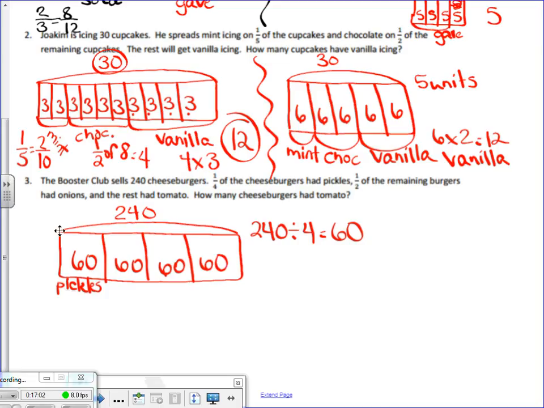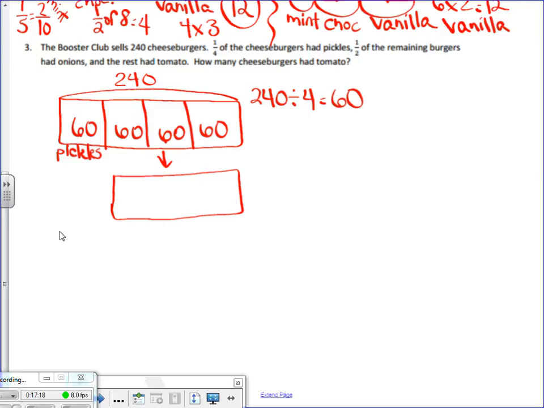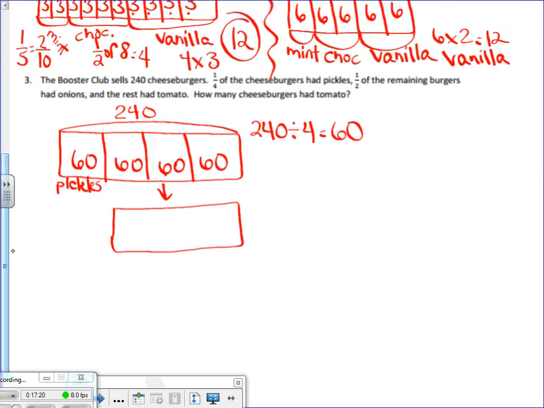Since this unit's already taken, now I'm going to pull down this 3 because I'm dealing with the remaining burgers.